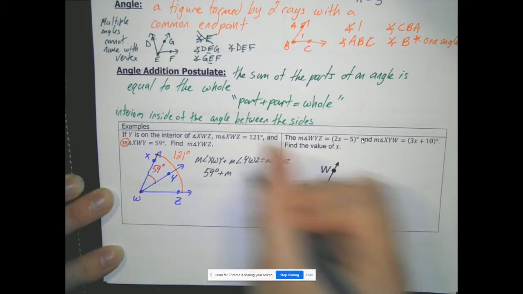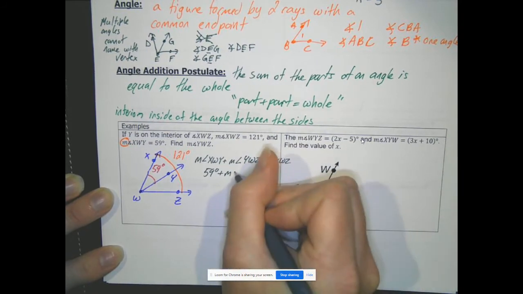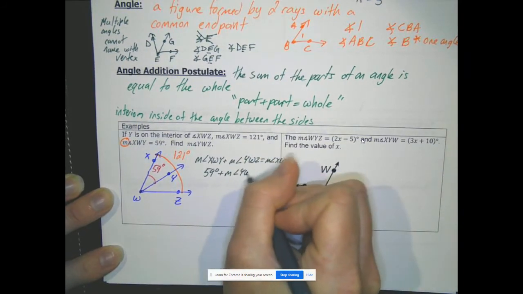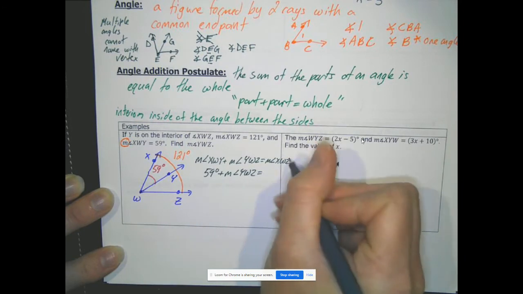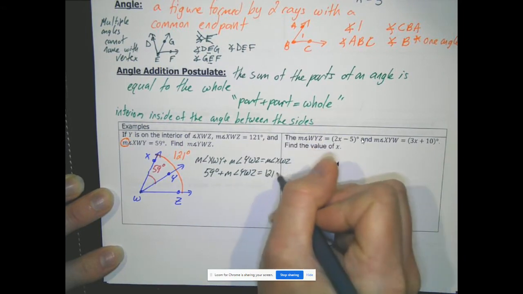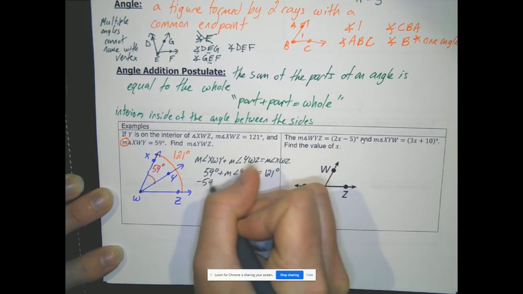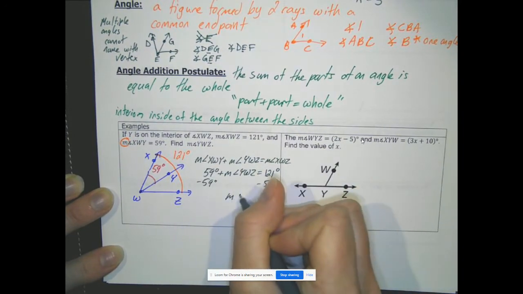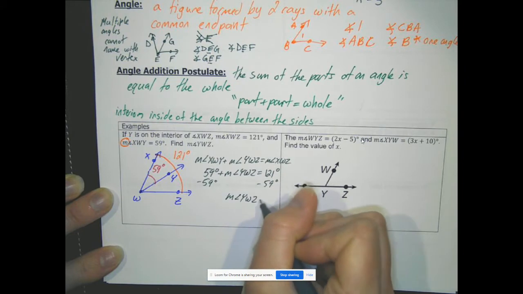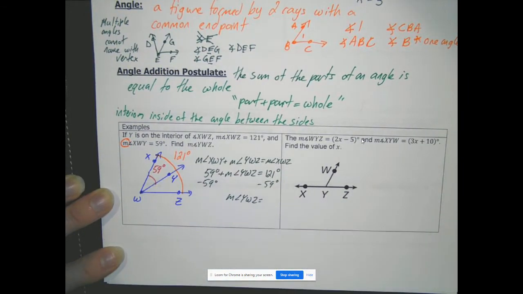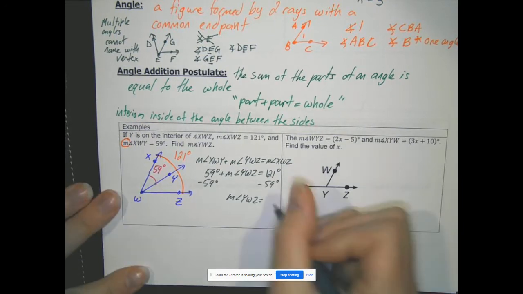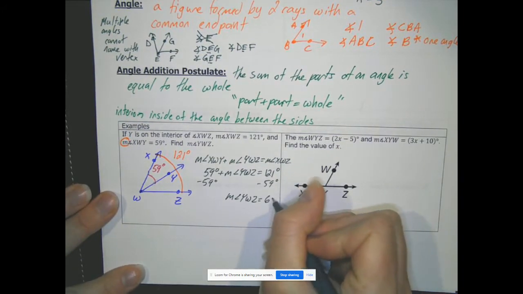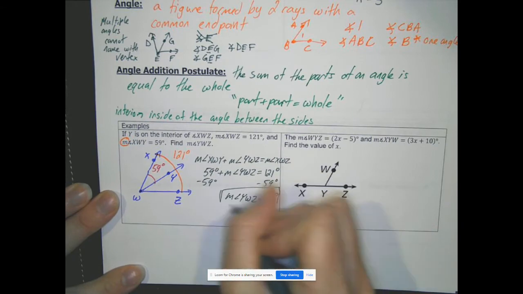I don't know the measure of angle YWZ, but I do know that the measure of the whole angle is 121 degrees. So I'm going to subtract 59. And so the measure of angle YWZ is going to be equal to 62 degrees. And there we go.